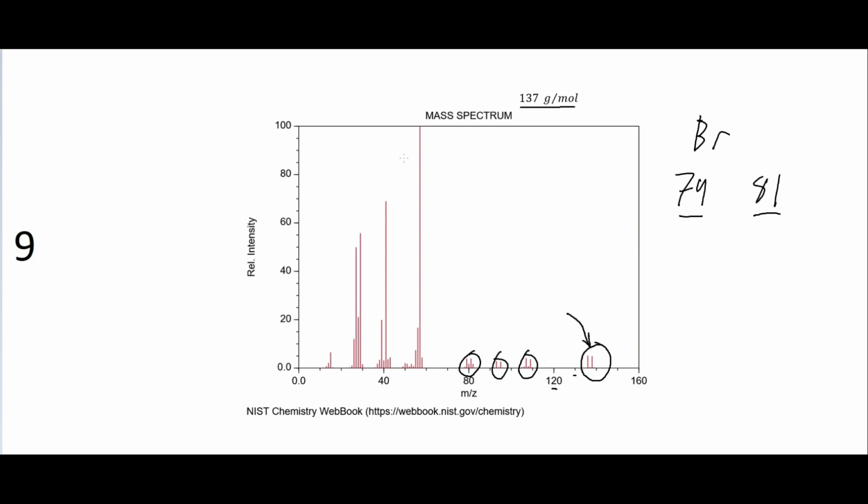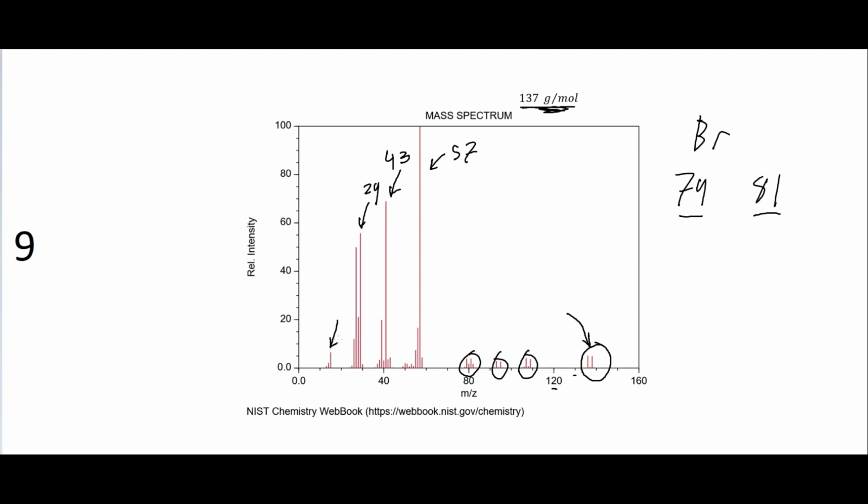And the other thing to notice here is that we do have an odd M plus, which might make you think we have a nitrogen in here, but if we look at each of these fragments, what we'll find is that each of them are odd. So this one here will be at 57. This one here is at 43. This one here is at 29.